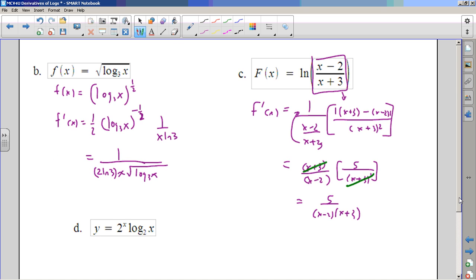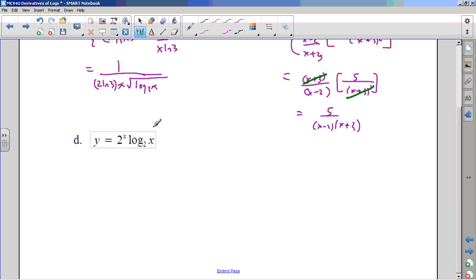All right, D. D looks like an exponential function times a log function. This is a product rule. So mix a little Leibniz notation in there. Derivative of the first thing is just that thing times the fudge factor, ln 2.